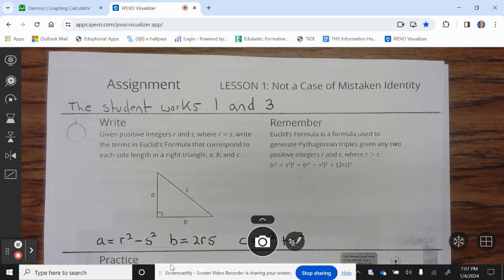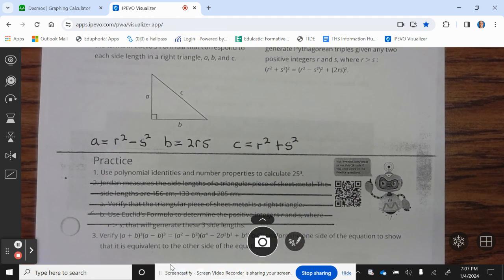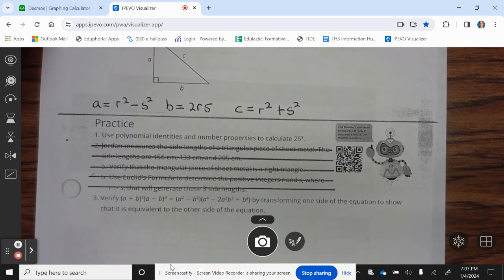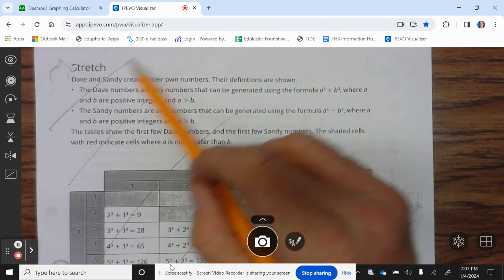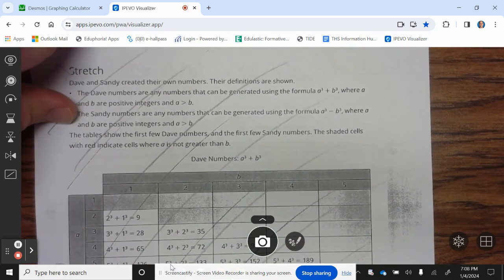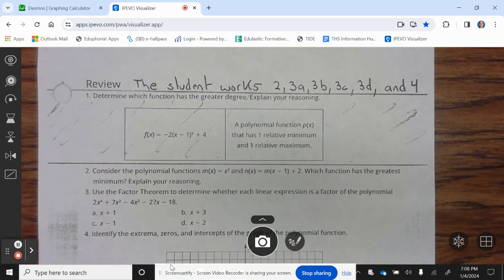The student works 1 and 3. Let's take a look at the next page. Go and mark this page off or out. And then the student works 2, 3A, 3B, 3C, 3D, and 4.